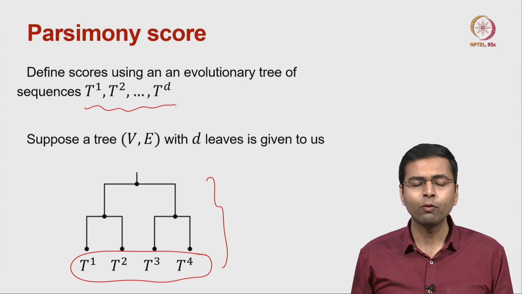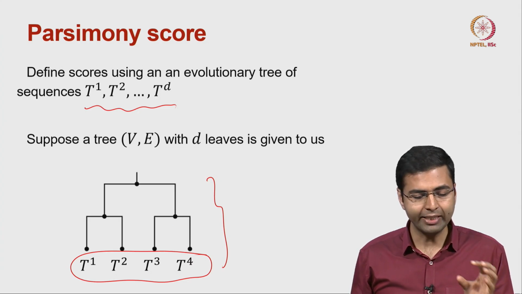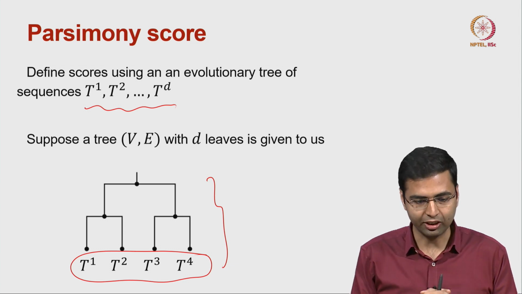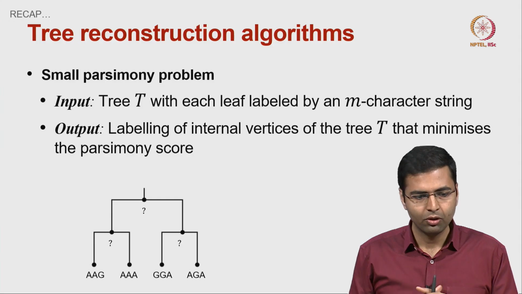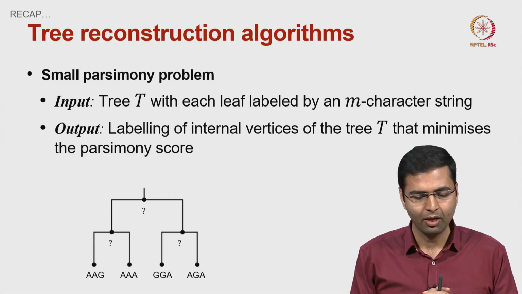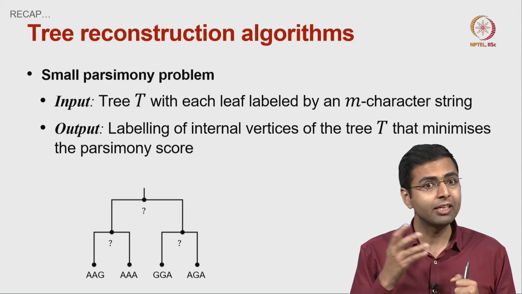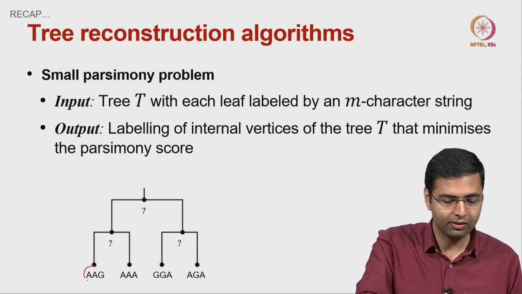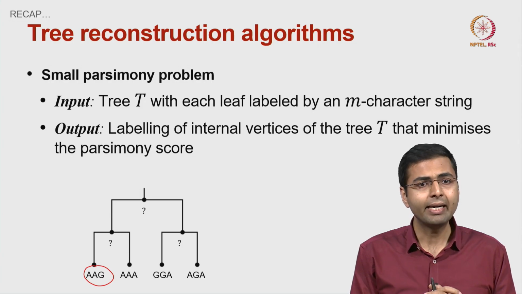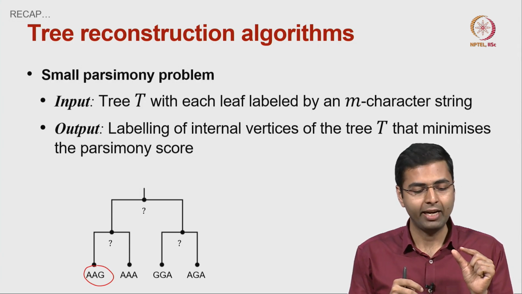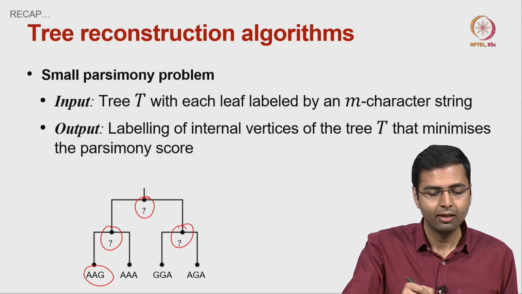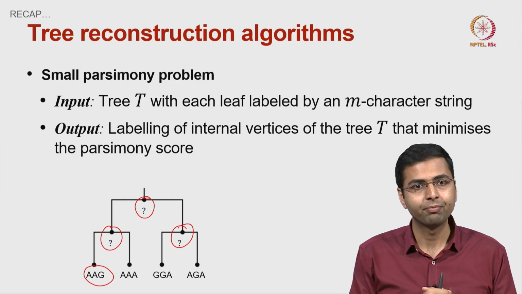This should remind you of the problems that we looked at in our previous module on phylogenetic tree reconstruction. Remember the small parsimony problem in a previous lecture, where we said that if you are given a tree in which the leaf labels are already known to you, then we had identified a way in which the internal nodes can be labeled using the parsimony criteria.